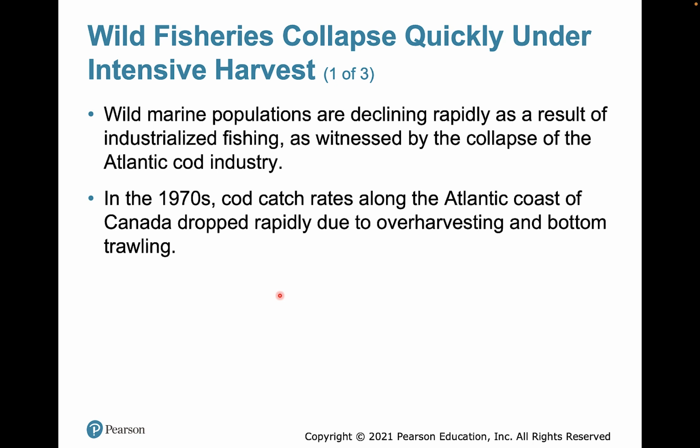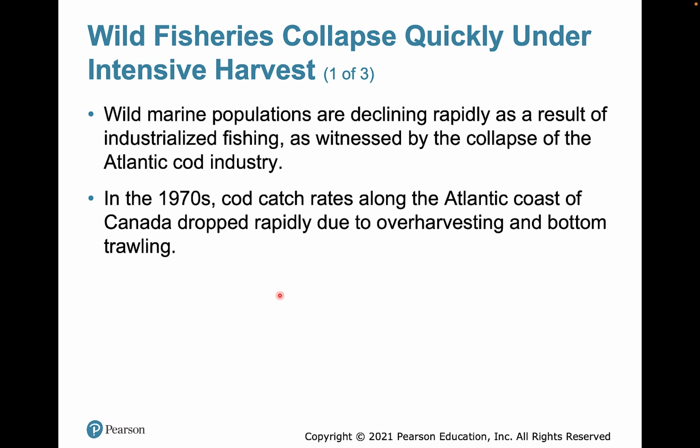We're dealing with a lot of these issues and the collapse of these wild marine populations as a result of overfishing. The case study for this chapter used to be on the Atlantic cod, how it was overfished to the point where there were very, very few left, and they wound up closing the fisheries for a while.